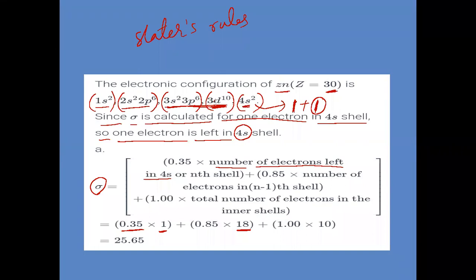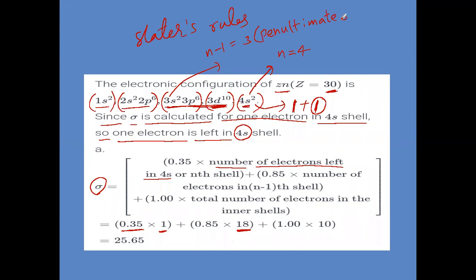If n is 4, the outermost orbit number, then n minus 1 is 3. So the third orbit is the penultimate orbit.